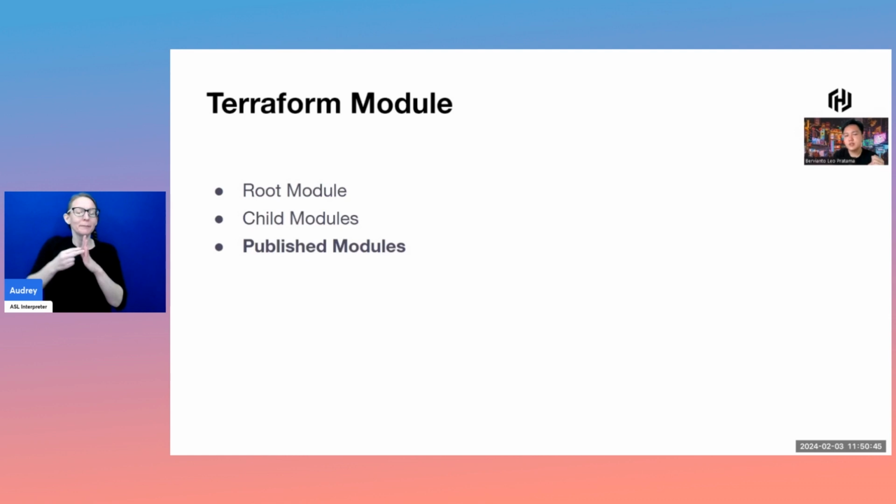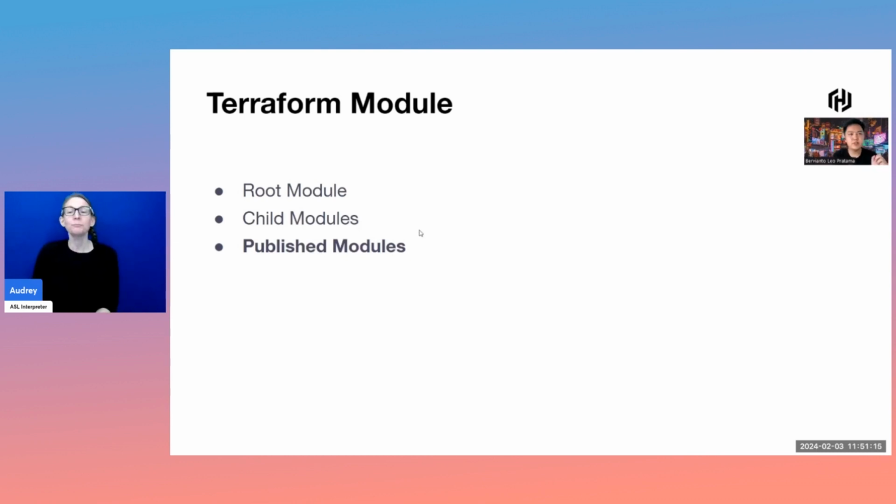You can configure the resources in the root module, but in one root module you can also have other modules. You can import or use other modules in your root module. Usually you call those child modules.